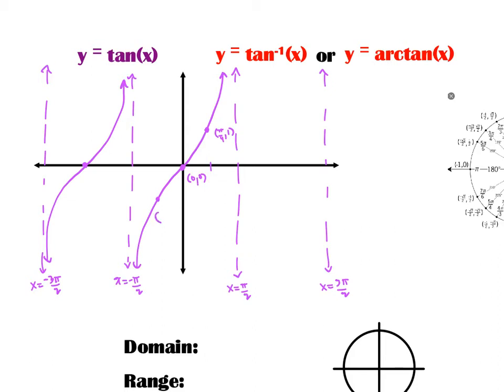This would be the point negative pi over 4, comma negative 1, etc. Okay, now clearly tangent does not pass the horizontal line test either. So we put natural borders here. I'm going to use green this time. We're going to put a natural or a limiting restriction on tangent so that arctangent now will pass the vertical line test.